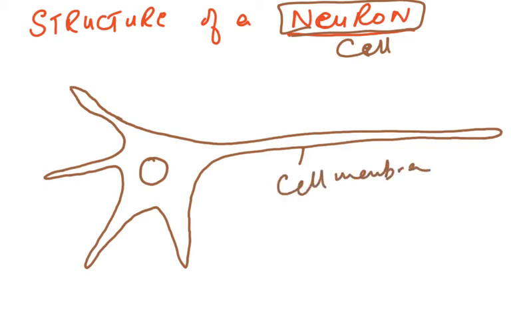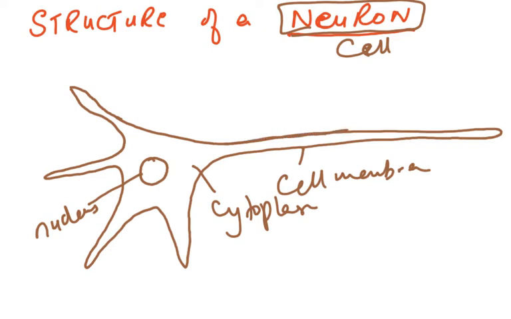And inside you have the cytoplasm. And here you would have the nucleus. So it's a normal cell, but one of the funny parts of it is that there is a big cytoplasmic extension. And this can be pretty long, this cytoplasmic extension.